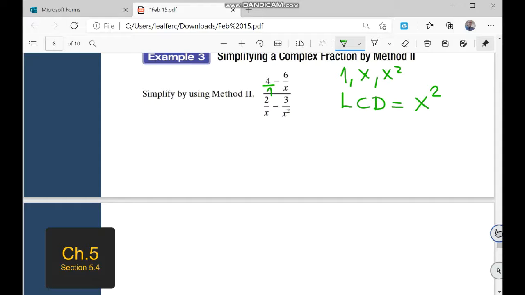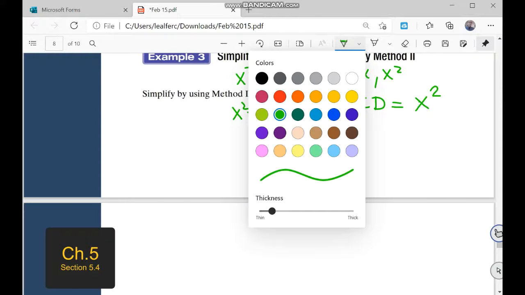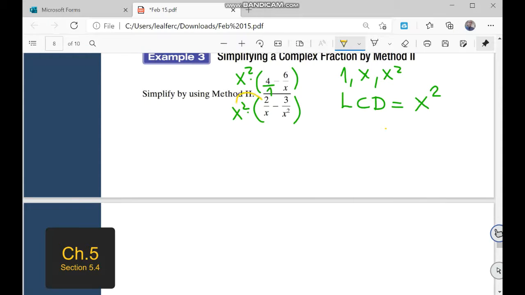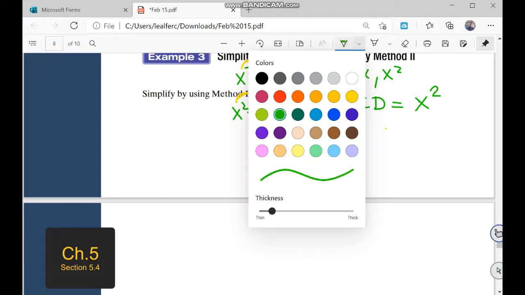So you're going to multiply the top and the bottom by the least common denominator, x squared. Apply the distributive property here.